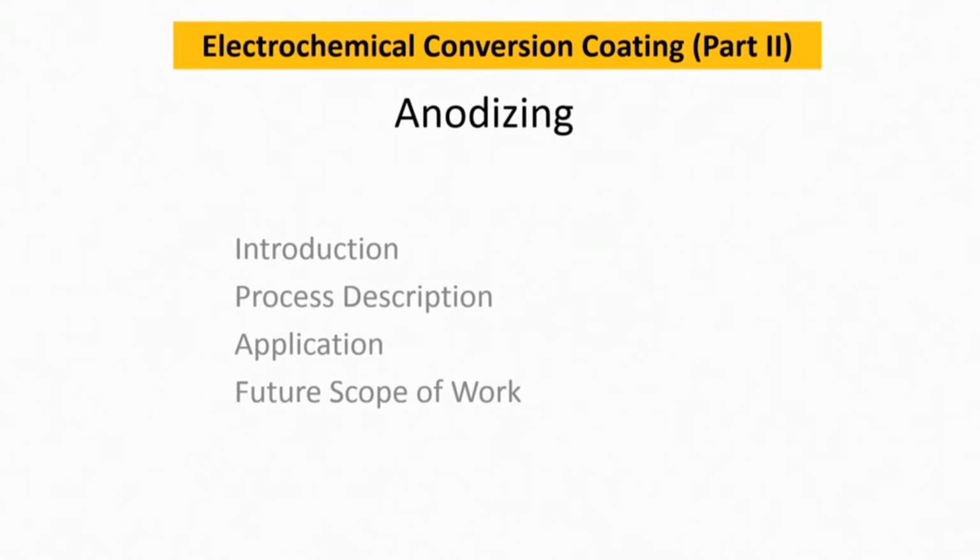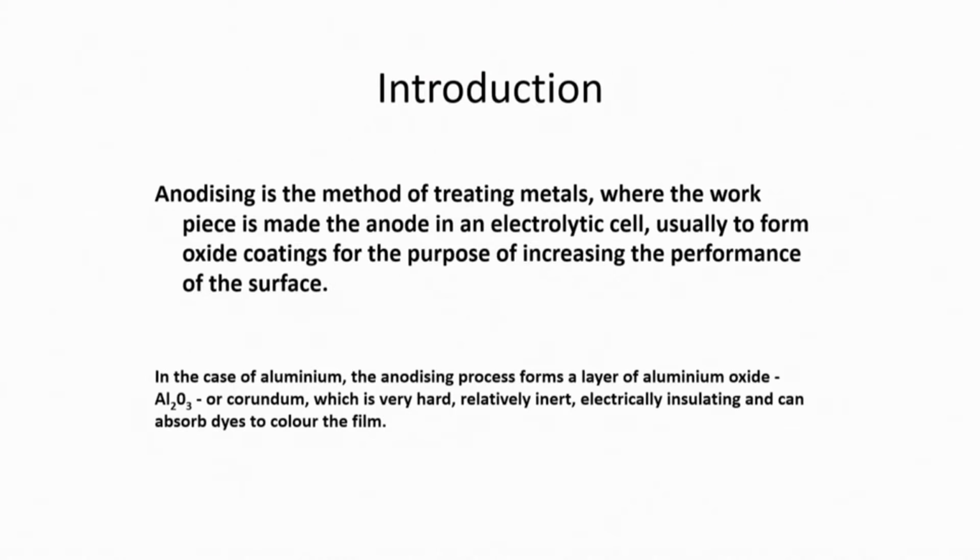Take the example of anodizing of aluminum. In aluminum anodizing, there will be formation of a very thin aluminum oxide or corundum layer, which is very hard, relatively inert, electrically insulating, and can absorb dyes to color the film.